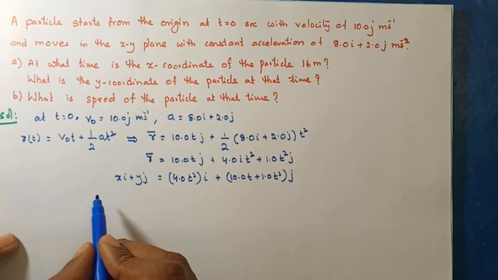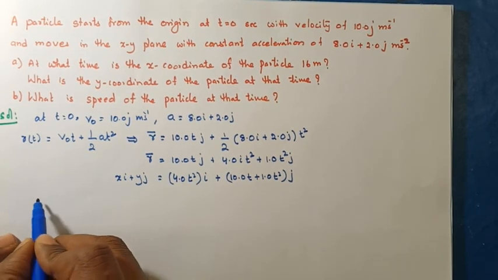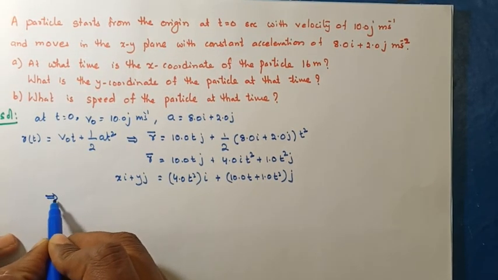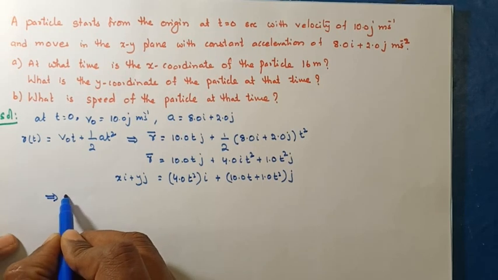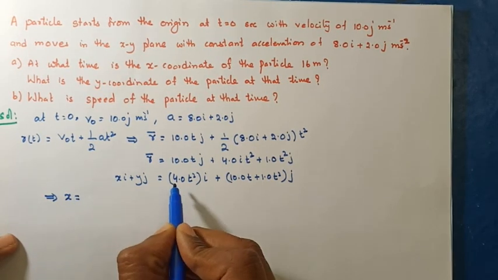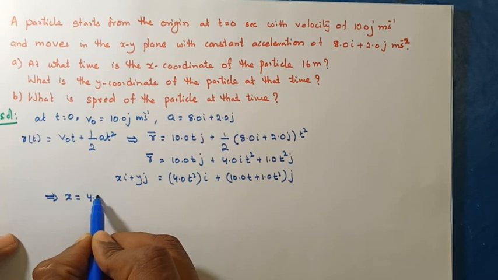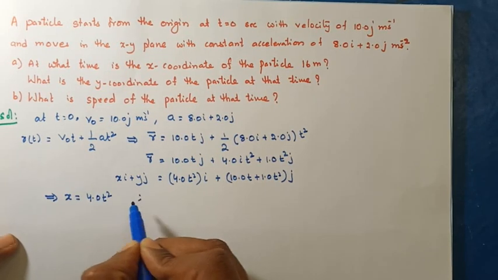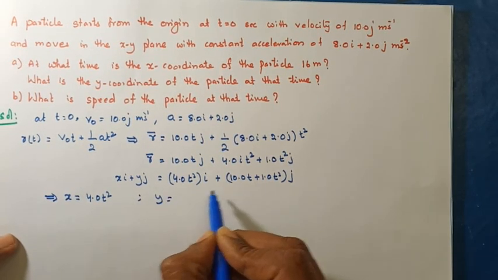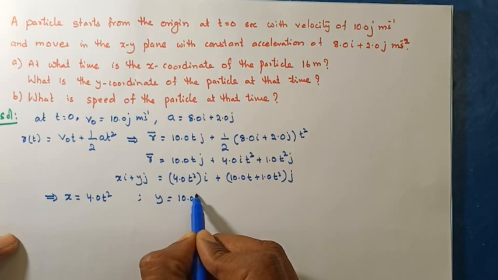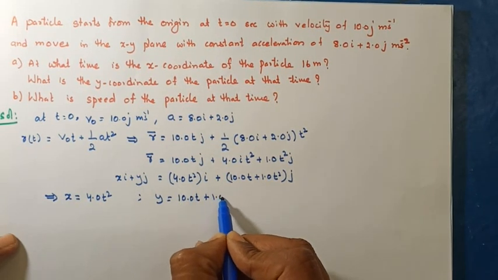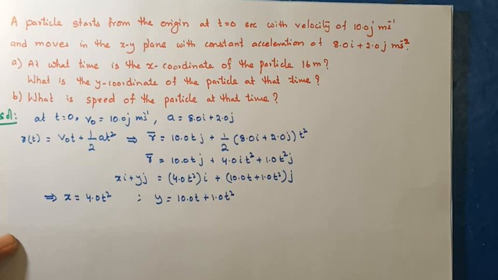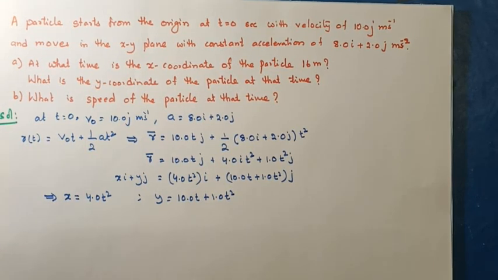Now compare both sides: x is equal to 4.0 t squared, y is equal to 10.0 t plus 1.0 t squared. This is the first step.